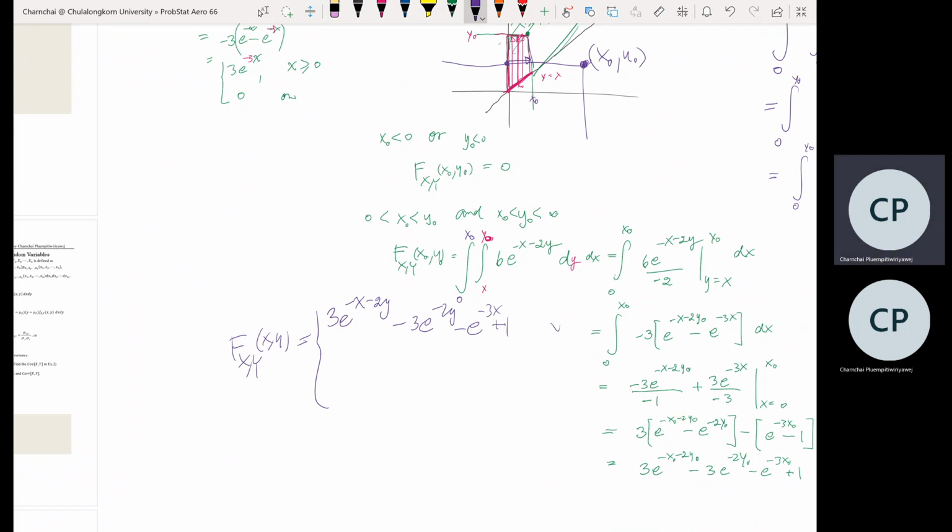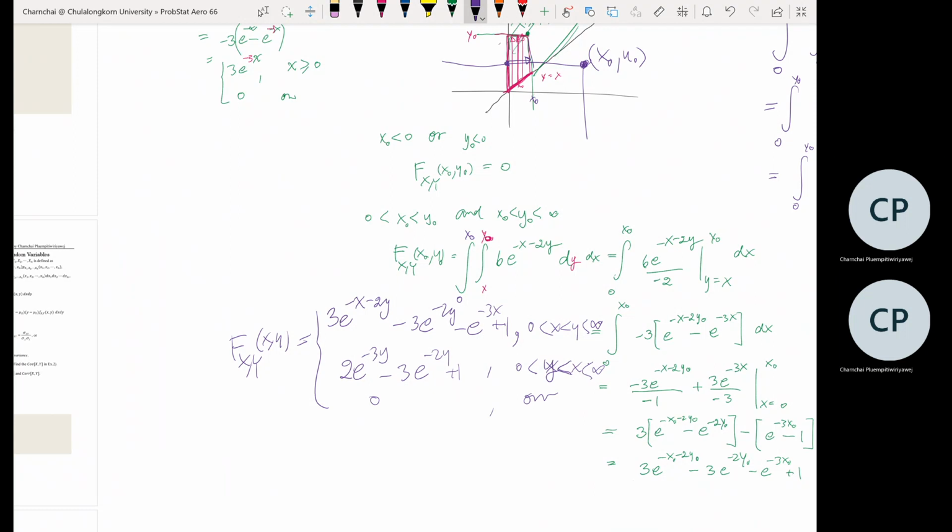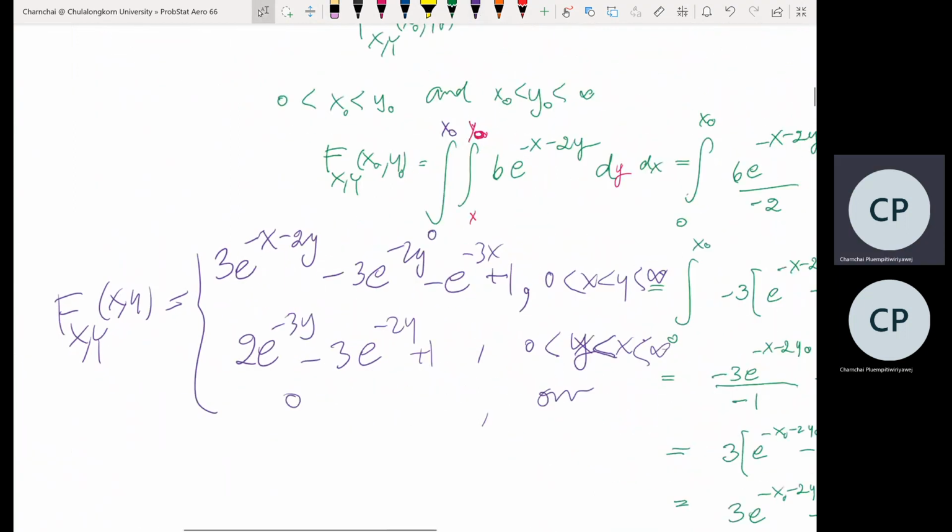This is for x less than y less than infinity. And it equals 2 e to the negative 3y minus 3 e to the negative 2y plus 1 for y less than x less than infinity, and equal to 0 otherwise. Okay, so I copied that down. This is what we have.